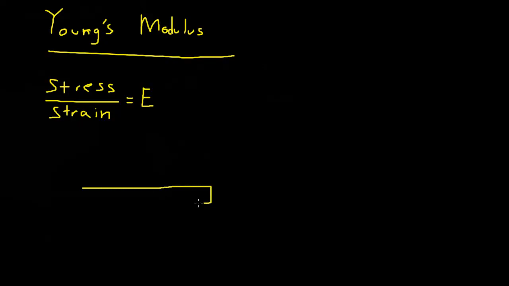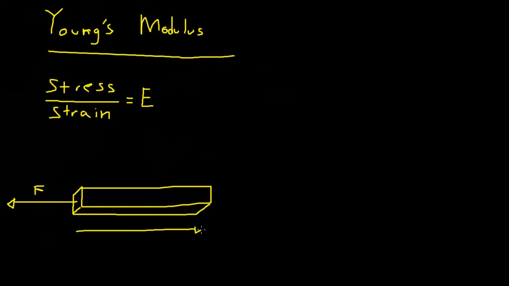Okay, so what it means is that the modulus of elasticity judges how easy it is for me to pull with a force on an object with a length, we'll call this L0 for the original length, and over an area.